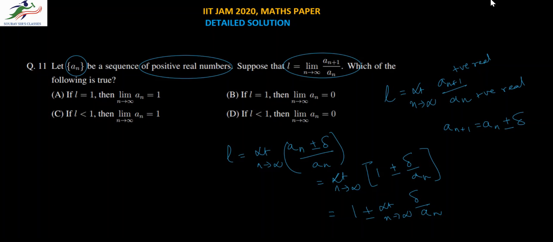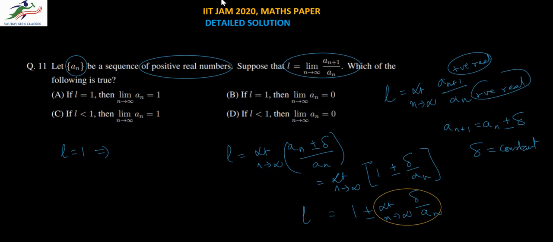Now, since an and an plus 1 are both defined positive real numbers, the difference between them is a constant. So this means that the value of L equal to 1 would mean that the second term, which is the limit term, tends to 0 as n tends to infinity.